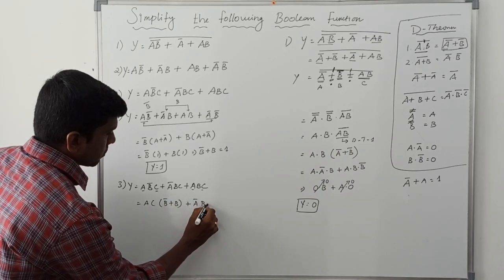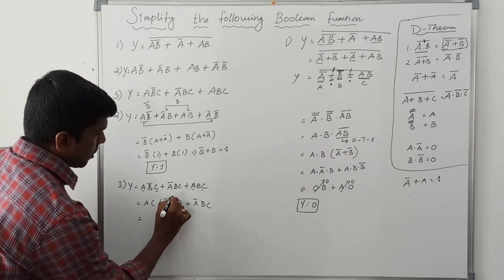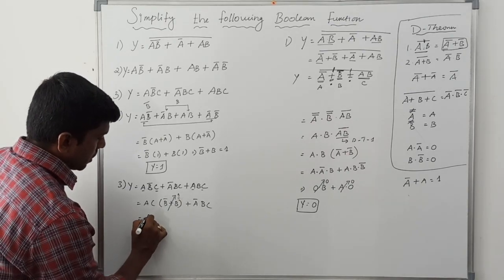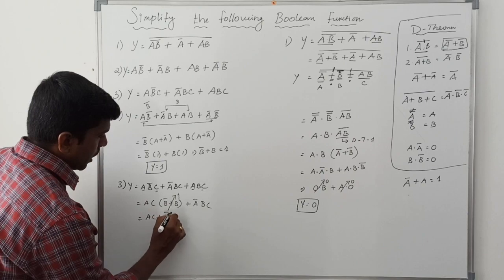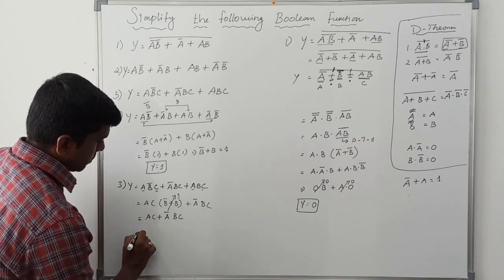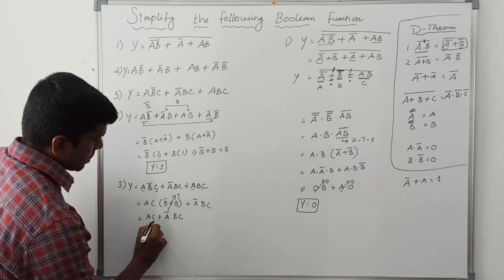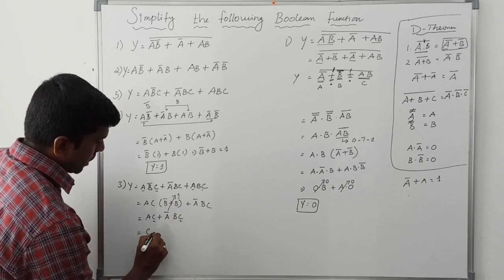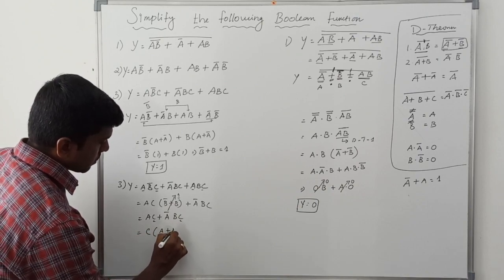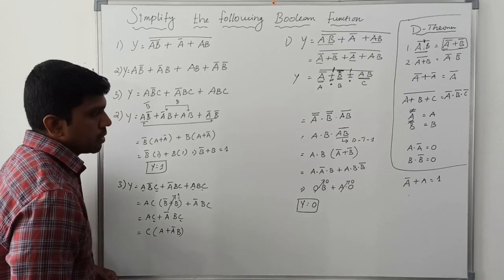Here A bar, B, C. B bar plus B equal to 1. Then A C plus A bar B C. Here C is the common term, just take it out: C times (A plus A bar B).